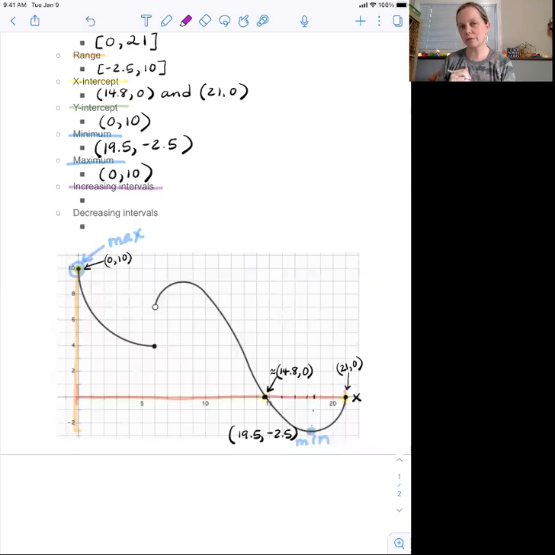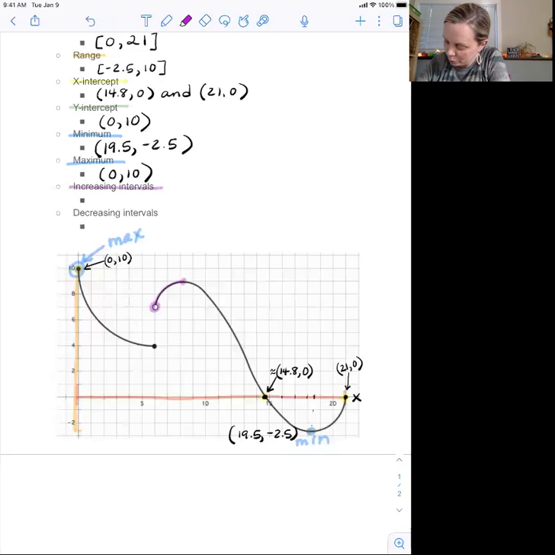So even though this graph is curved, when we read that graph from left to right, we can still find intervals where that graph is increasing. So it looks like for increasing, I am going here and up to right there. See that? So that little upward slope there is an increasing interval.